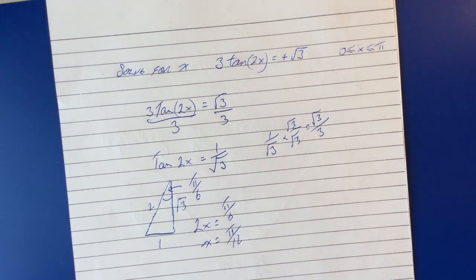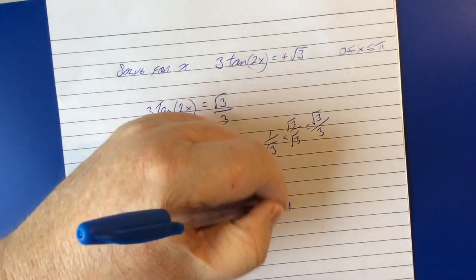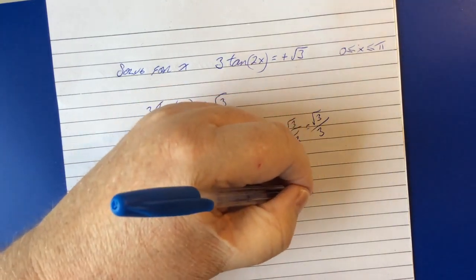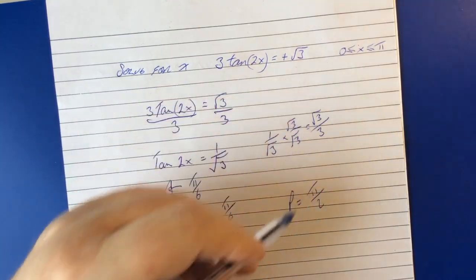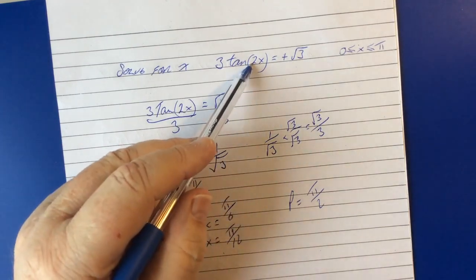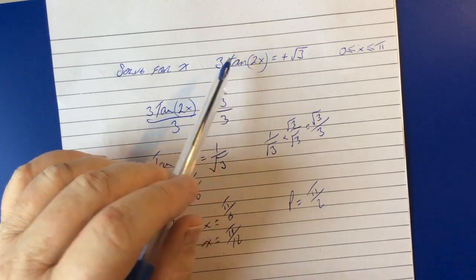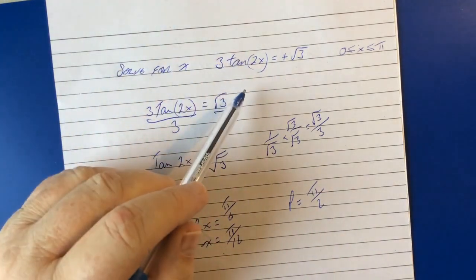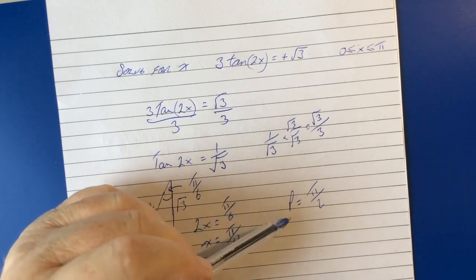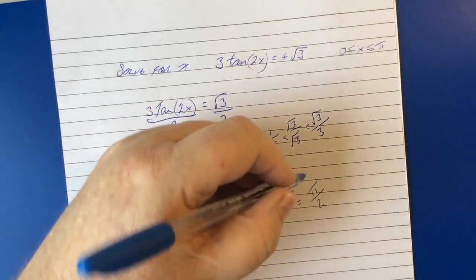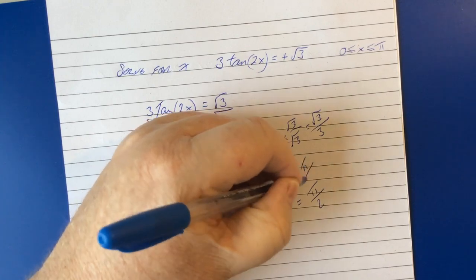Now, we're not done because this may not be the only solution. The period of this tangent function is going to be pi on 2, because this number here affects the period, and the standard period of a tangent graph is 1 pi, but the formula for calculating the period of a tangent graph, I've done this kind of backwards, is p is equal to pi on n.